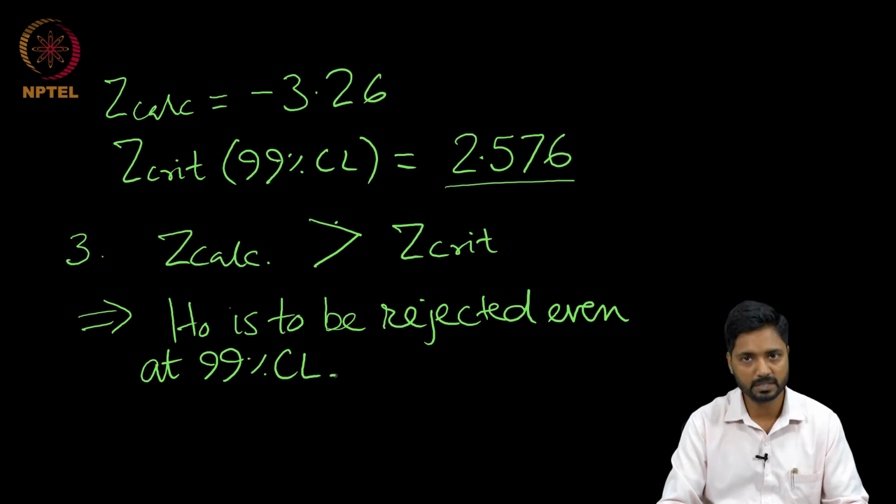So, we can report our conclusions at 99% confidence level that the mean value of the weight of these 30 students is indeed different from that of the national average, because that was the question that we were dealing with.